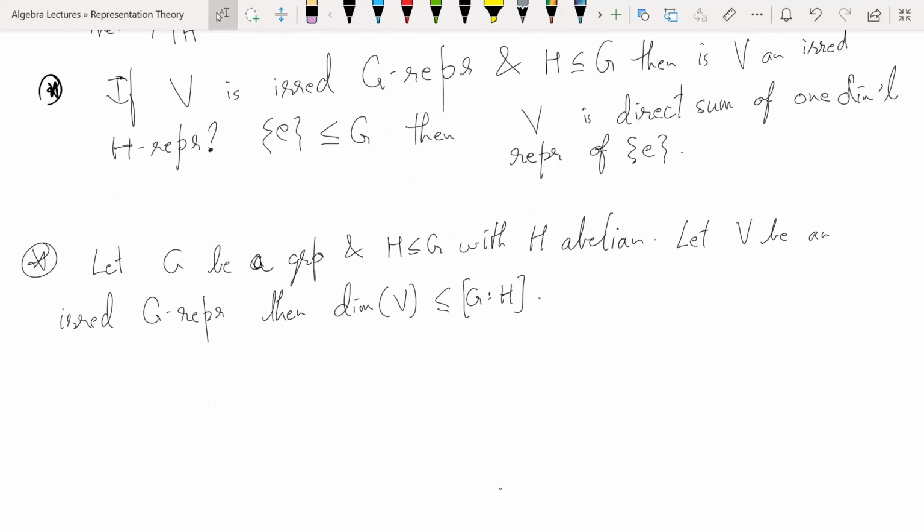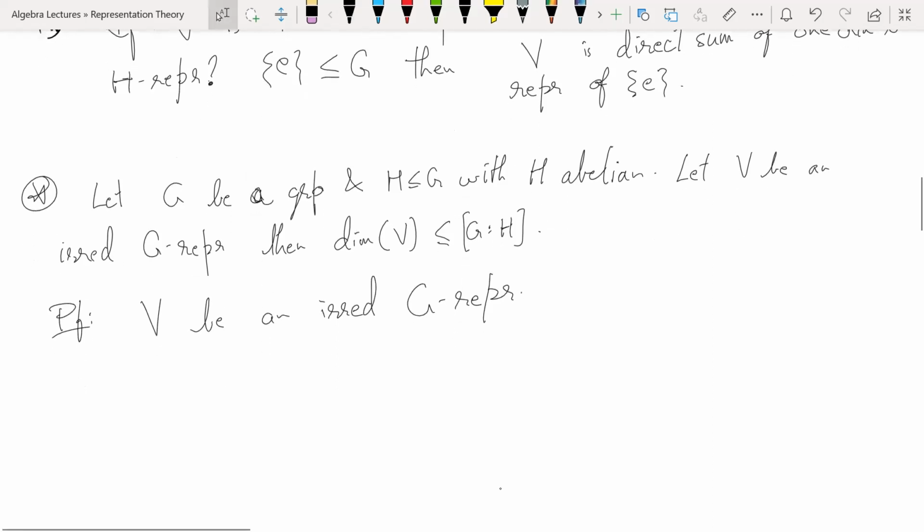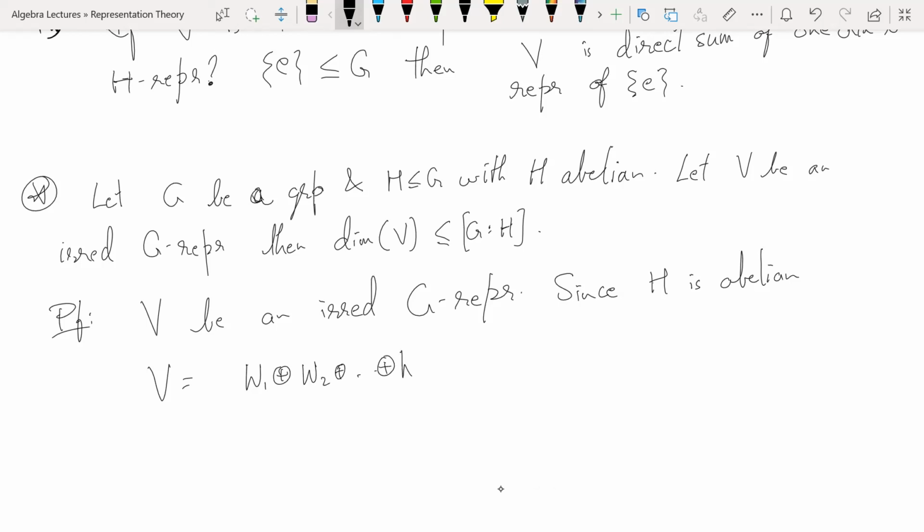Now let's see this. Proof. Let V be an irreducible G representation, and since H is abelian, we can write it as the sum of W1 through WM, where the Wi's are H modules or H representations.